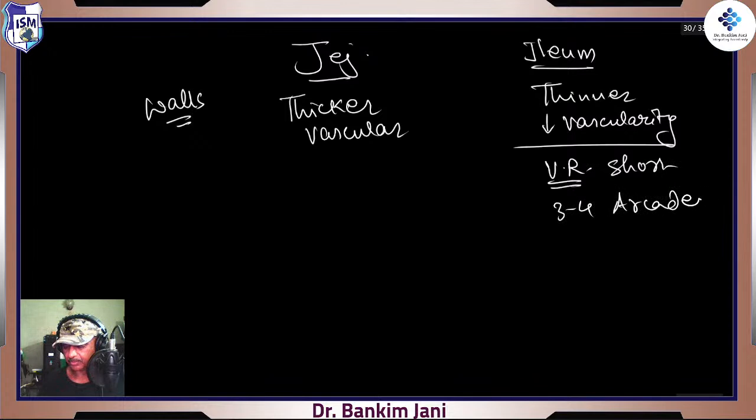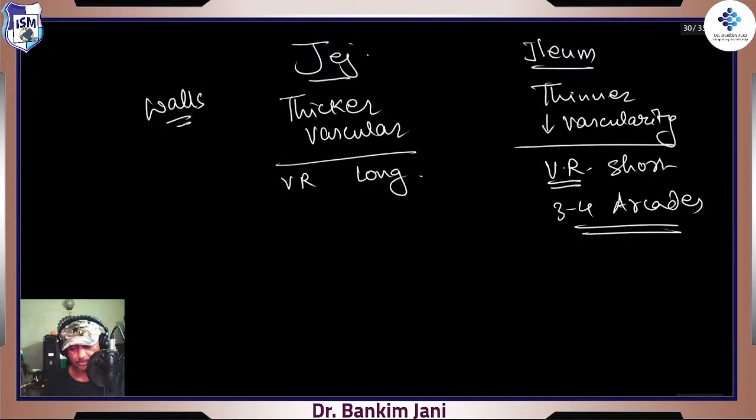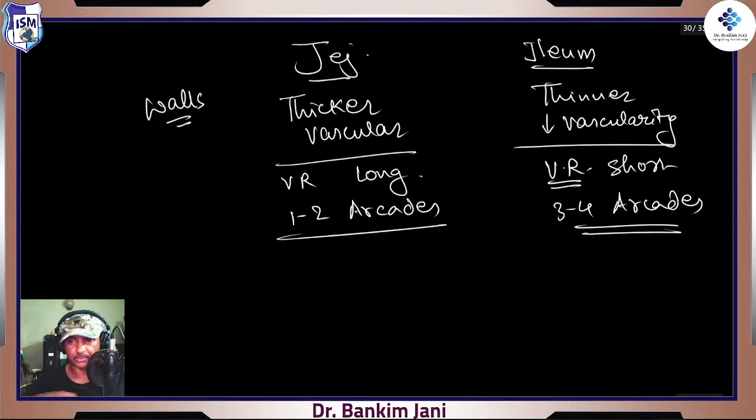Over here in the ileum that's not the case. Here the vasa recta have to be long because there are only 1 to 2 arcades, so the rest of the space has to be crossed by the vasa recta.